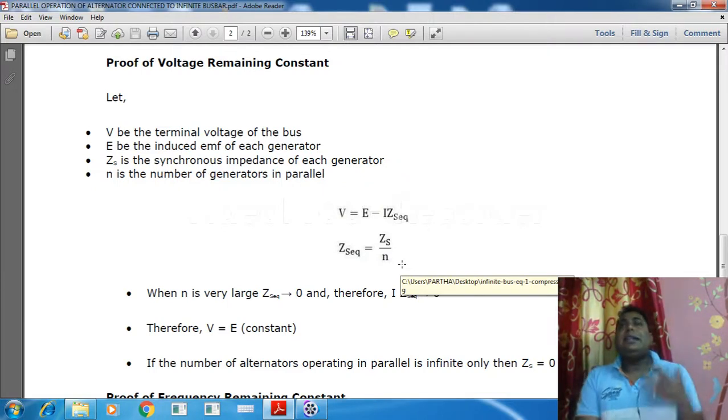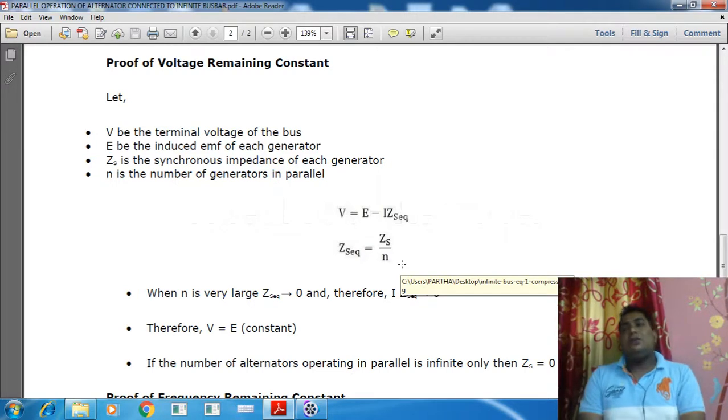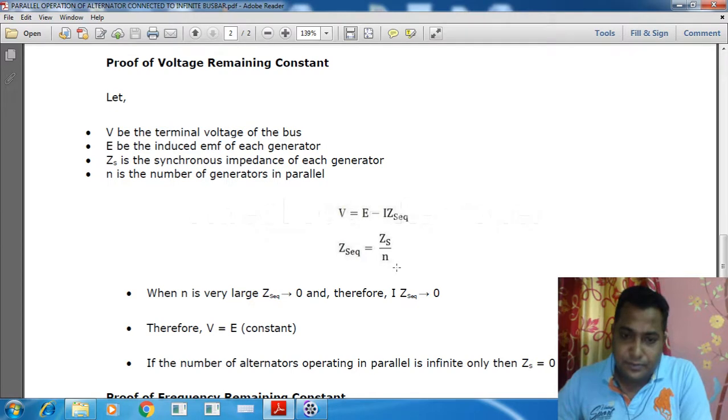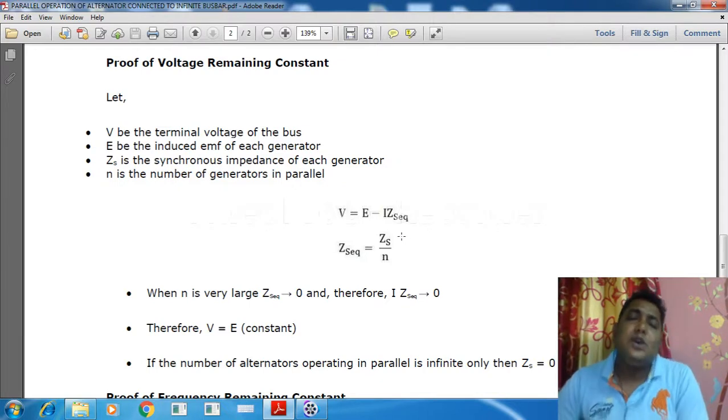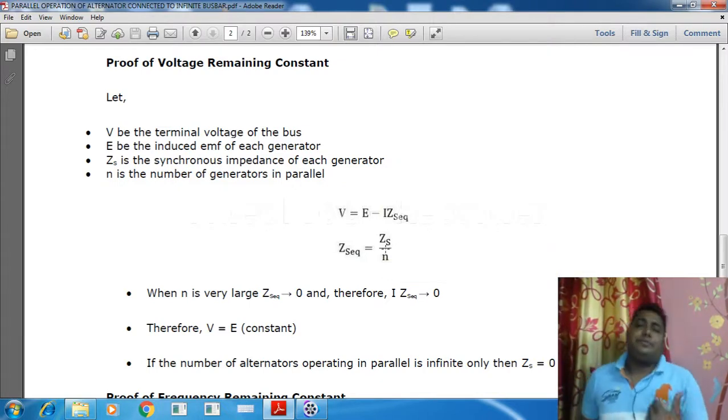Now, if N numbers of alternators are connected in parallel, and if this N is very high, follow my pointer, then this result is going to be near zero, or for simplicity we consider it to be 0.